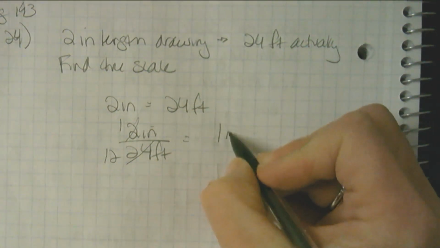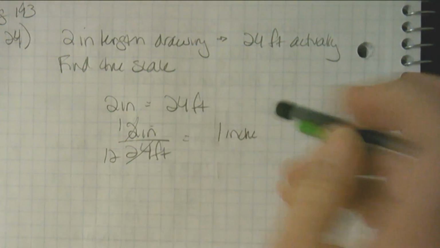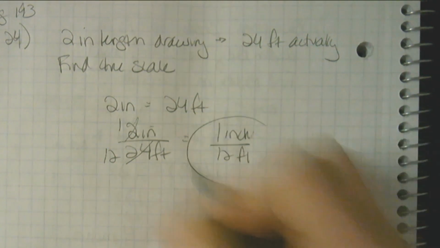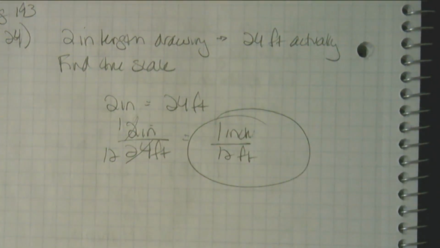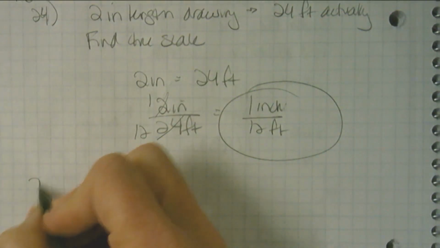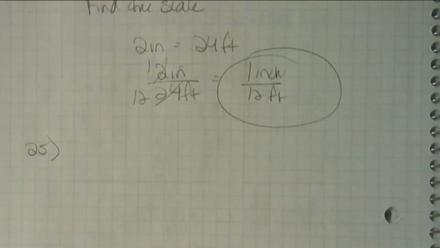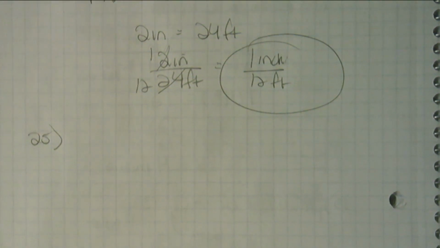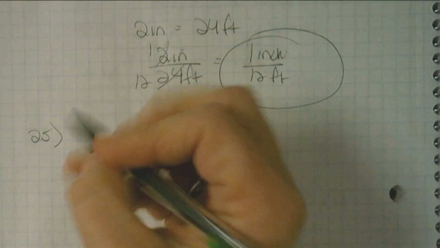So our scale is 1 inch over 12 feet. You needed that for the rest of the problems in this part. All right, so let's take a look at 25. Because my guess is somebody has a question on all these. So 25 said, find the actual dimensions of the kitchen.